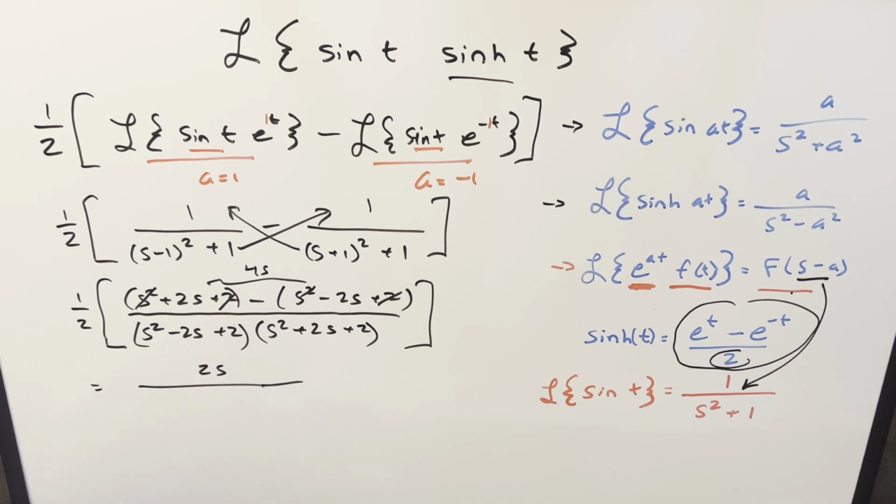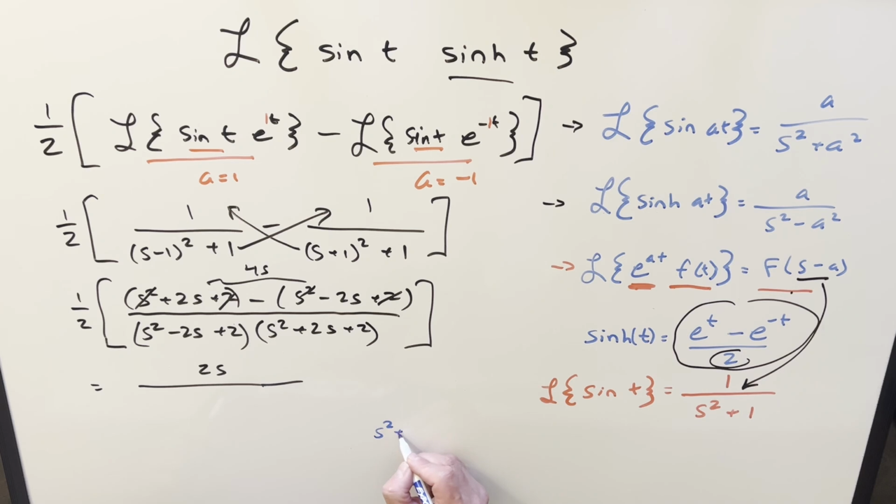Then let's multiply out this denominator. To make it easier, I can write it so we can use difference of two squares. I can write it as s squared plus 2 minus 2s, and for the other one, s squared plus 2 plus 2s.